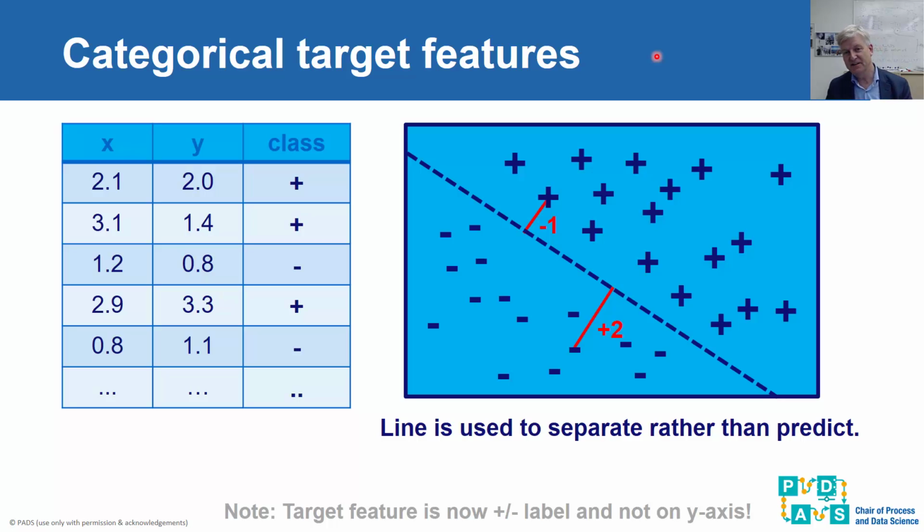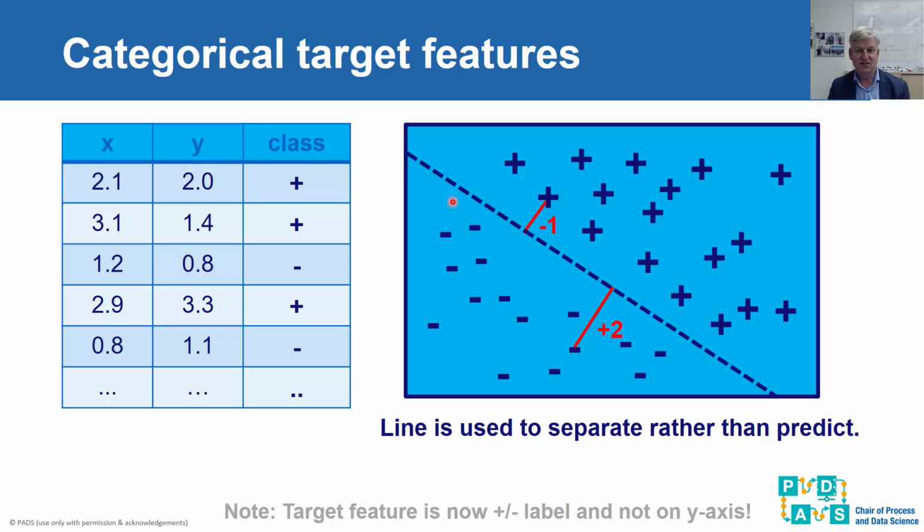Here in this diagram we are looking at a situation where we have two numerical descriptive features, x and y, and we are interested, based on x and y, can we now predict what our target feature is, and that is shown here with the name class.